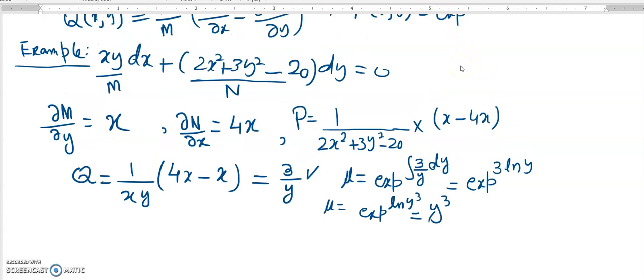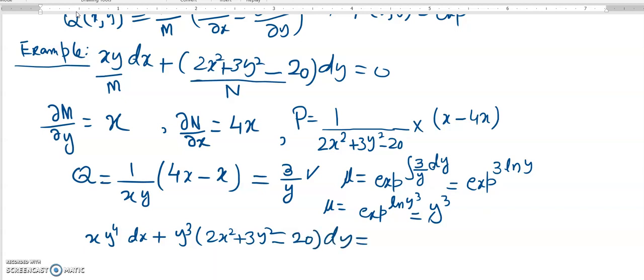So if we multiply the original equation by y cubed, it will be xy to the power 4 dx plus y cubed times 2x squared plus 3y squared minus 20 dy equal to 0.